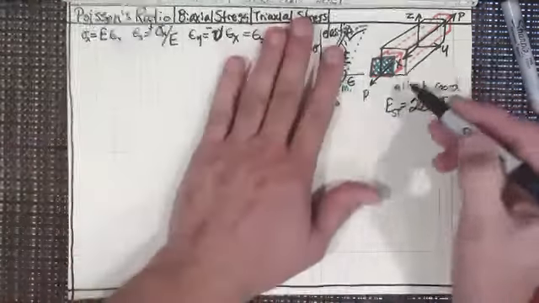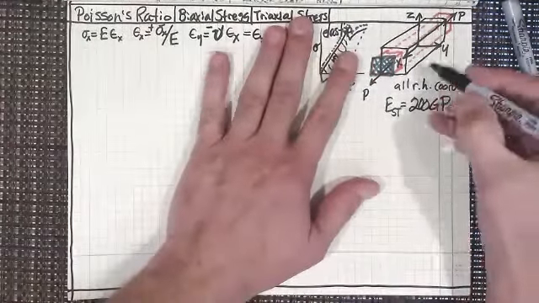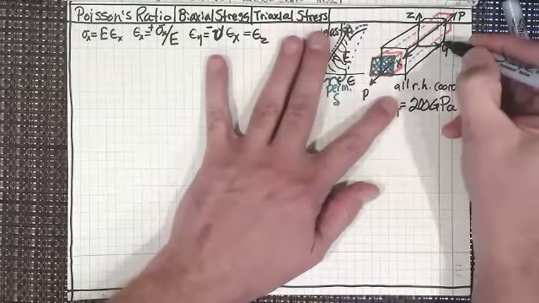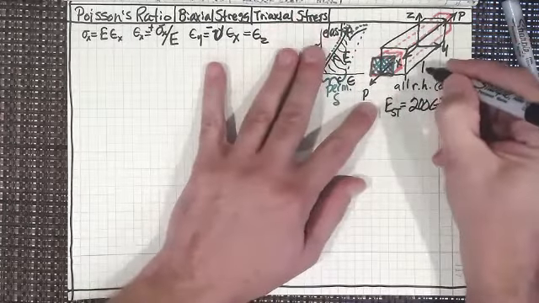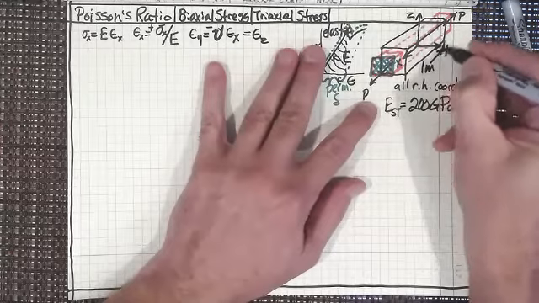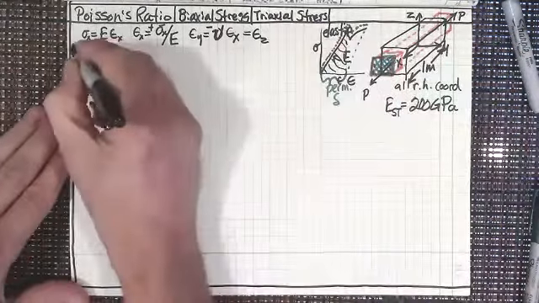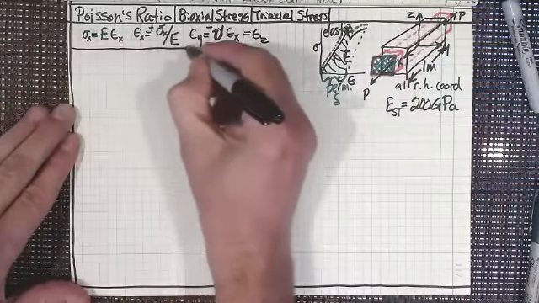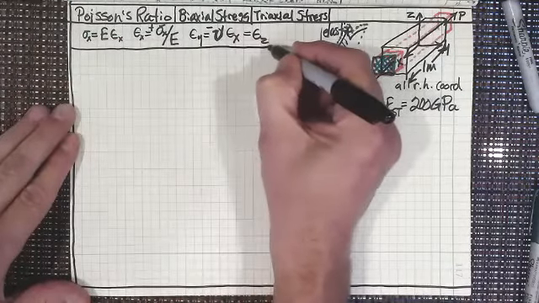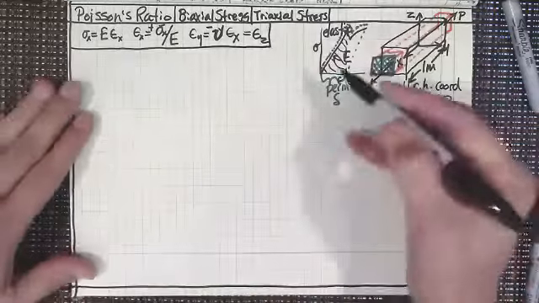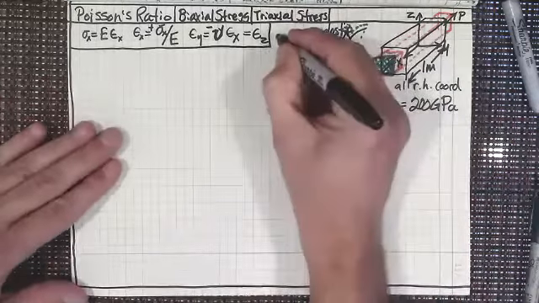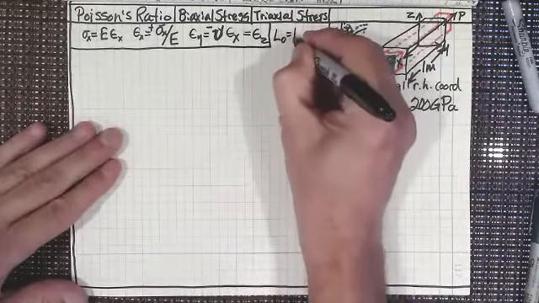Now, I want to do an example problem. I'm going to say that this original length right here is 1 meter, right? I'll just put these up here as equations that we're going to be using. And I'll write some things here. So my original length is 1 meter.